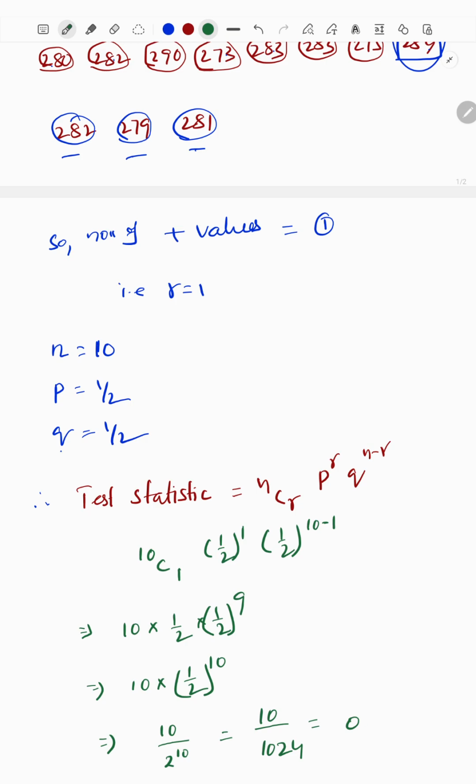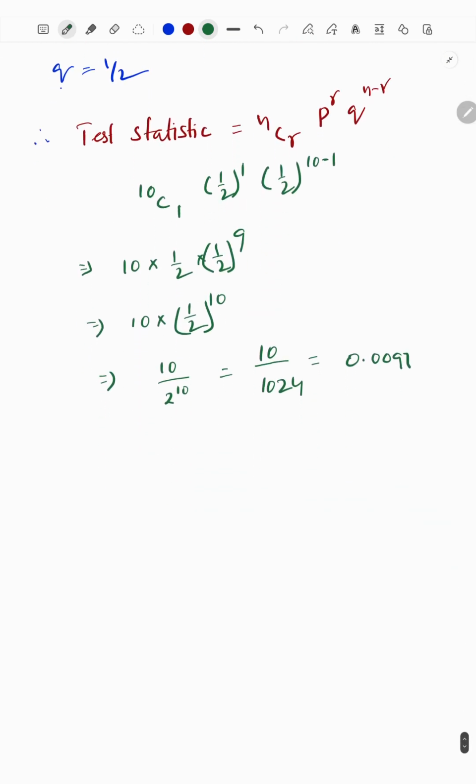This is 0.0097. So the calculated value for the sign test is 0.0097, and the table value, remember, for the sign test we have to check the t table only. The table value for the sign test is 1.833.